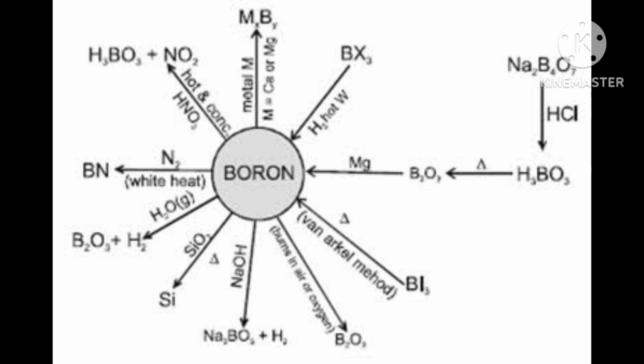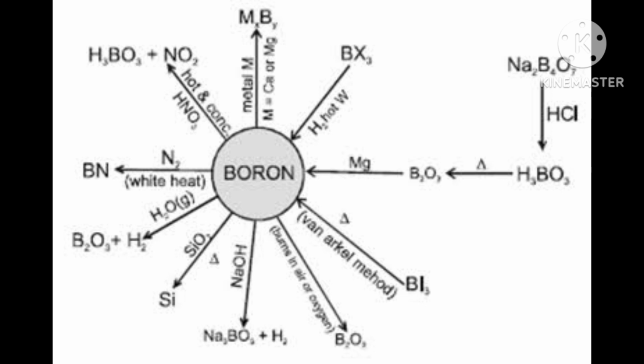If you make a sum of all three, then it is more than aluminum. Aluminum is less. Or if you count from this, boron is more. After that, it is decreasing. It is not decreasing.